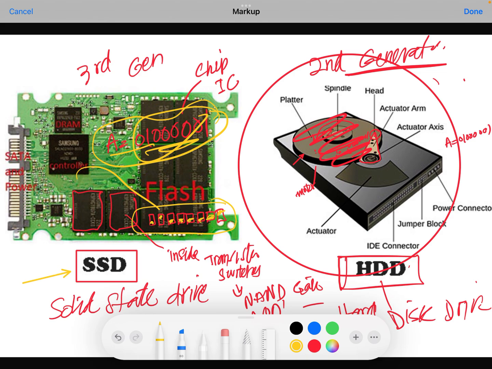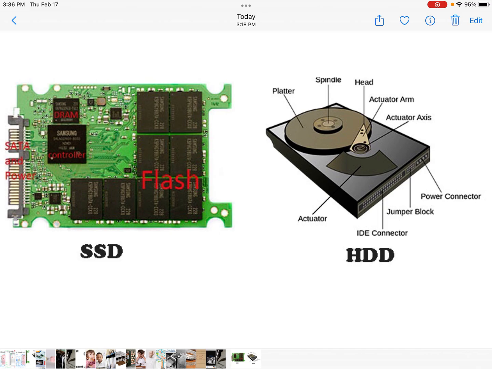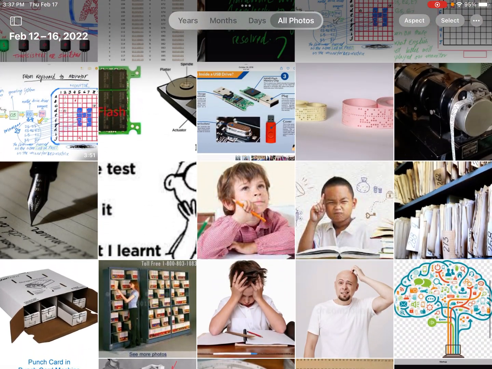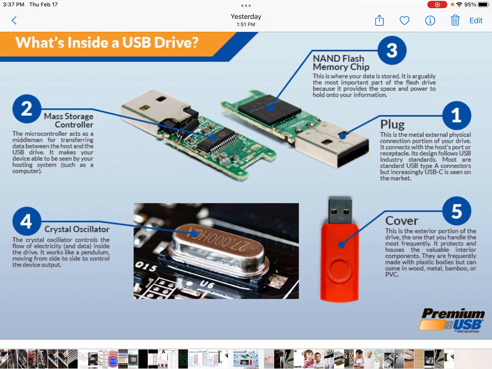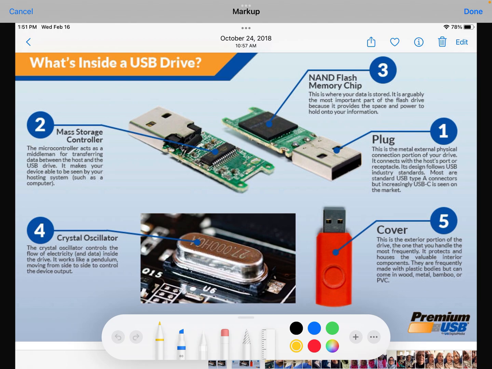So the advantage of a solid state drive is that it's light, there are no moving parts, and it's fast. But the disadvantage is that it's expensive. All right. So to give you another example, there are the USB or thumb drives that we use. These drives are also, guess what? This is a thumb drive, what we also call a USB drive.